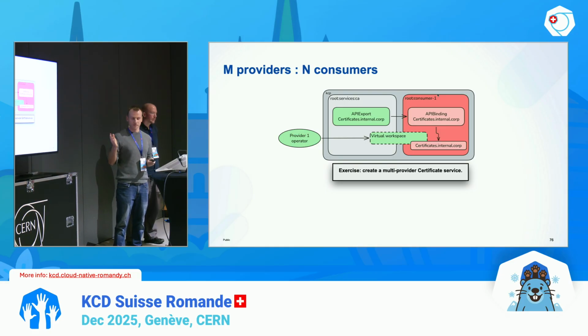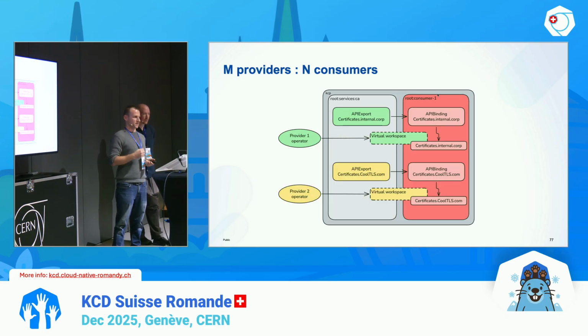So this works as it stands up until the very moment you add the second provider. Now the consumer actually sees two kinds of certificates they would have to talk to and create objects for, and this is absolutely not what we want.